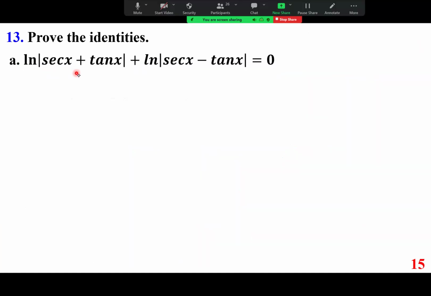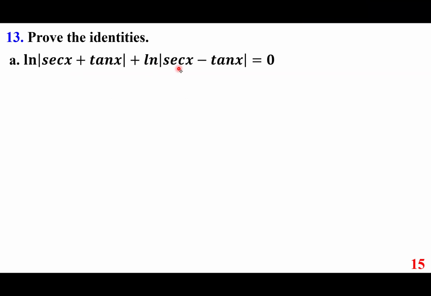ln of secant x plus tan x plus ln of secant x minus tan x is equal to 0. And we want to look at this. Remember, ln of xy is ln of x plus ln of y.